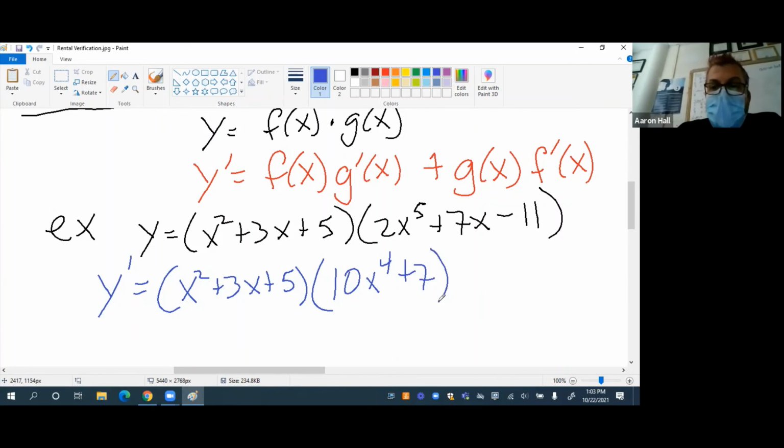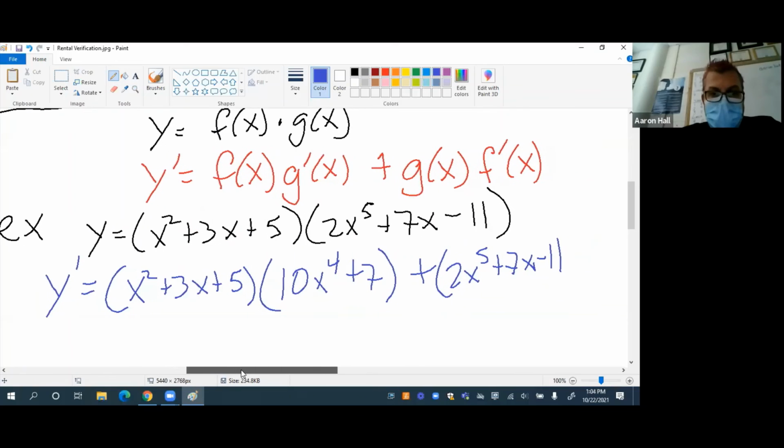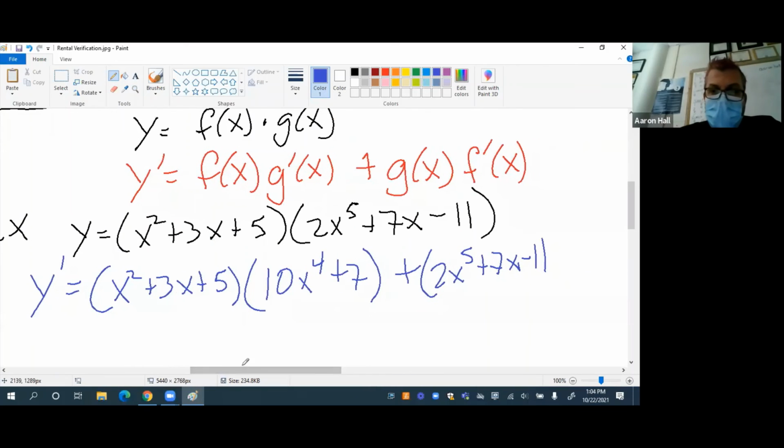And then plus our second function, which is 2x to the power of 5 plus 7x minus 11, times what? 2x plus 3. Yep.